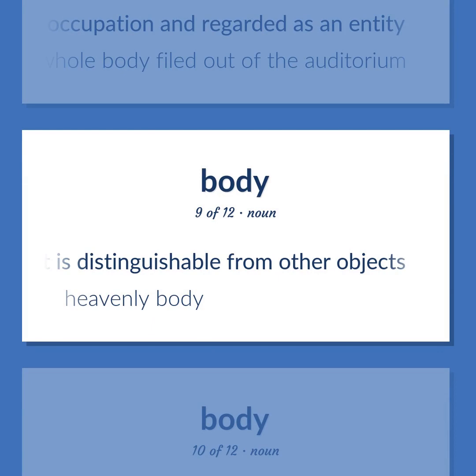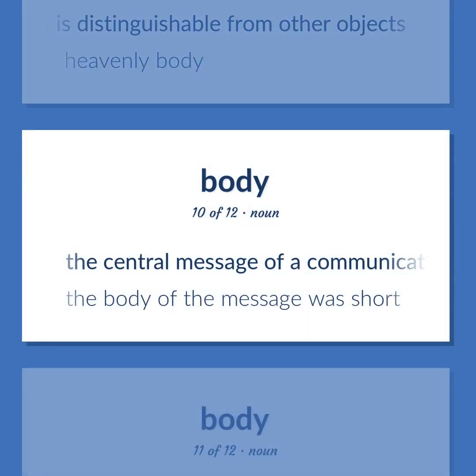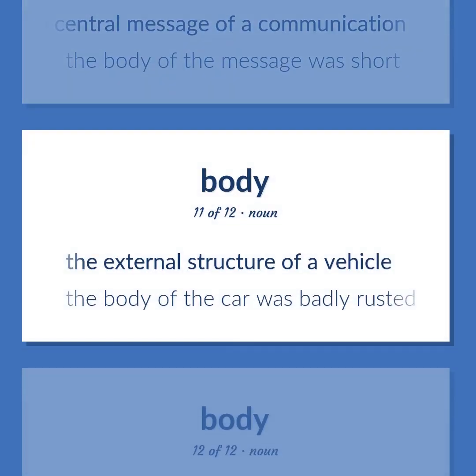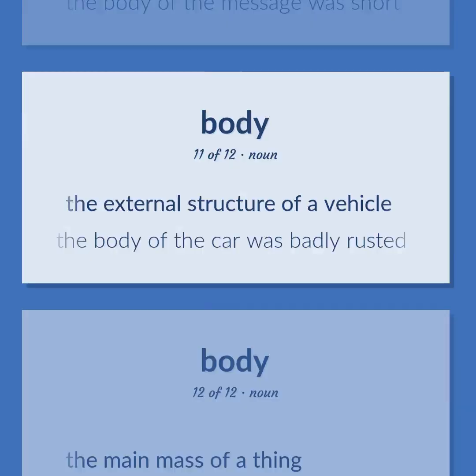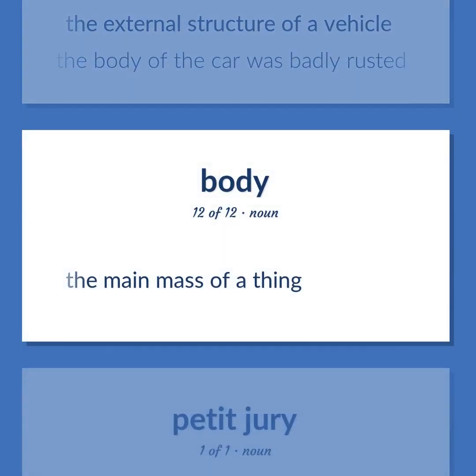Heavenly body. The central message of a communication. The body of the message was short. The external structure of a vehicle. The body of the car was badly rusted. The main mass of a thing.